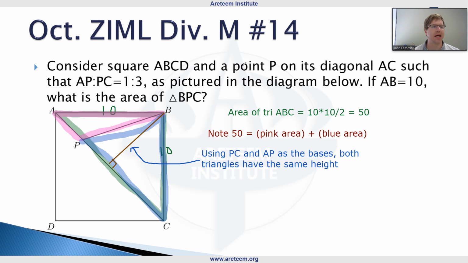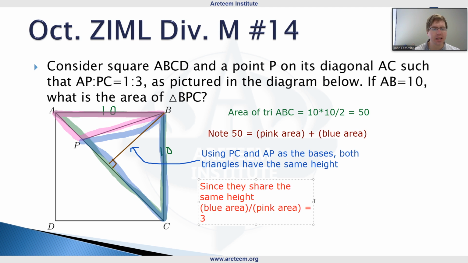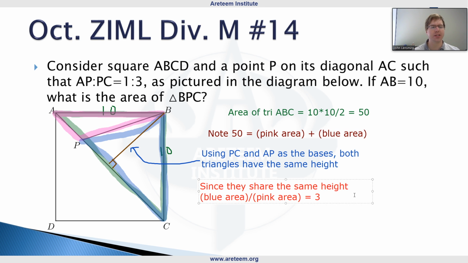We know then that the ratio of those areas is 1 to 3. Since they share the same height, the blue area divided by the pink area is 3 divided by 1. The ratio there is 3 to 1 in this case.